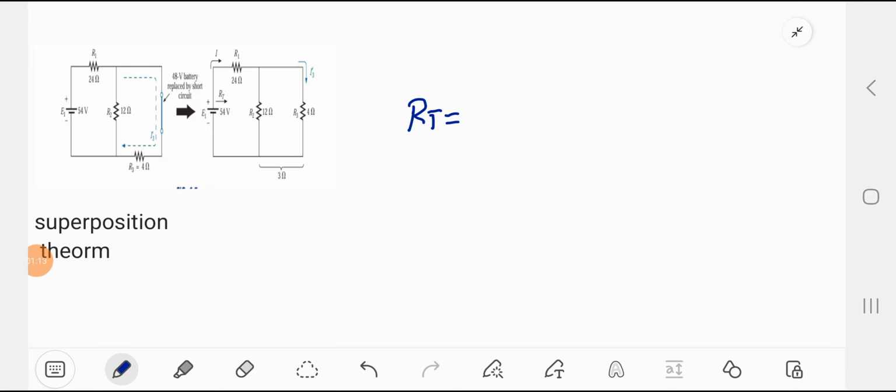First we need to find the total resistance. Here R1 is in series with R2 parallel to R3.